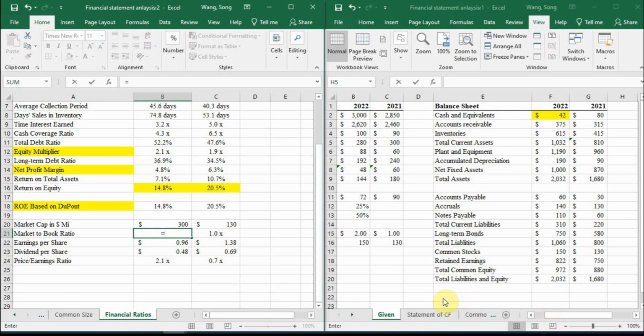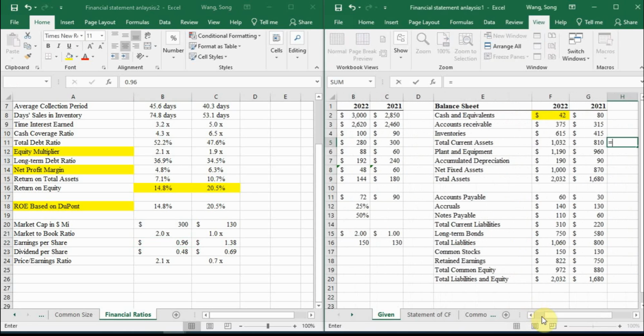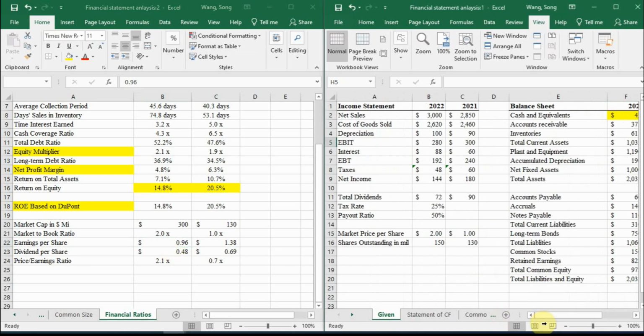It is market value of the equity divided by the book value of the equity, which is a common stock on the balance sheet. Okay, earnings per share, it is the net income divided by numbers of shares outstanding.